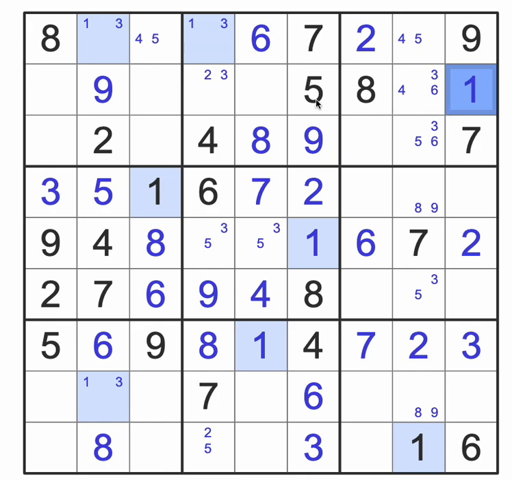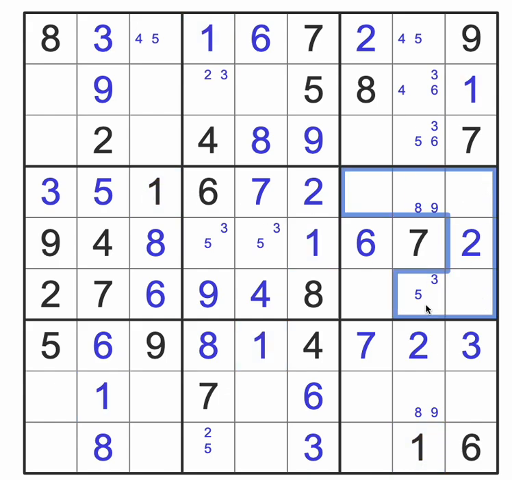So 1 here blocks these 2, gives me 1 here, that gives me 3 here, that gives me 1 here. And this 1 blocks here, this 1 blocks here, gives me 1 here.